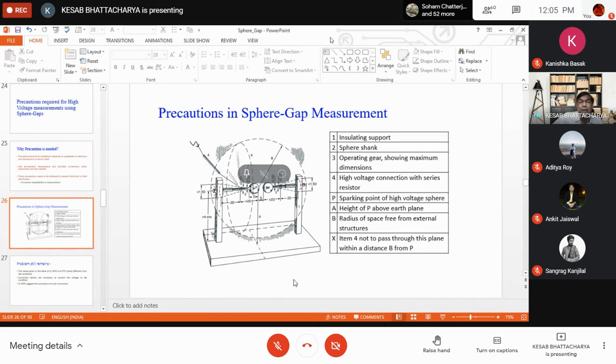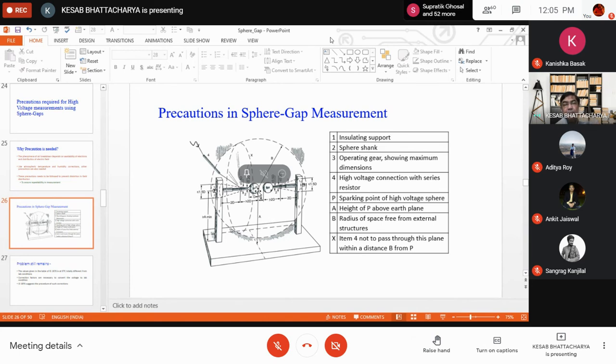Now, why should this space be free from entry of any external structure? Actually, if you do not restrict their entry, we may have some live connections, we may have some grounded objects. All these objects will hamper or affect the field distribution between the two spheres.